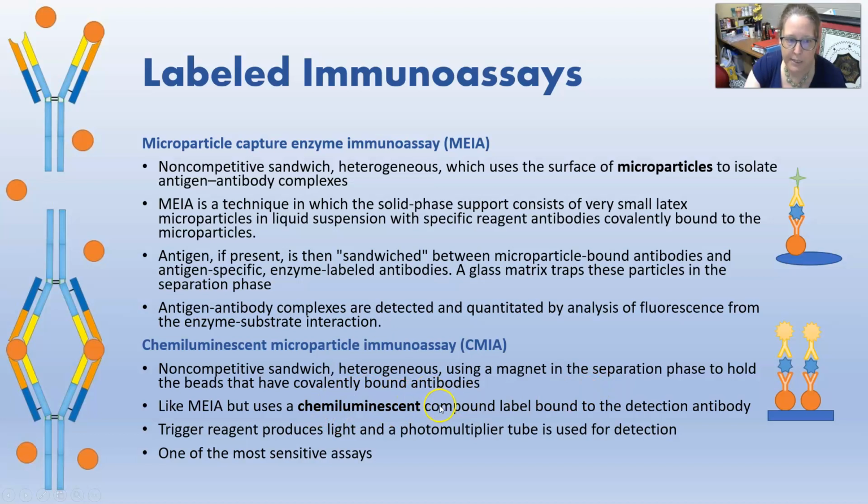The other difference is that it uses a chemiluminescent compound label to detect the antibody. The trigger reagent will produce light, and a photomultiplier tube is used for detection. It is one of the most sensitive assays. So you can see here these little magnetic beads that are coated with a capture antibody. They capture the antigen, and then you have the detector antibody here with its little chemiluminescent compound.